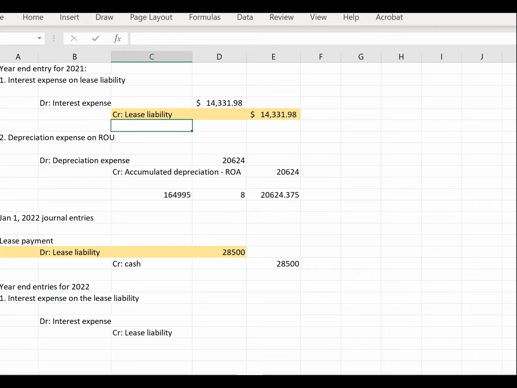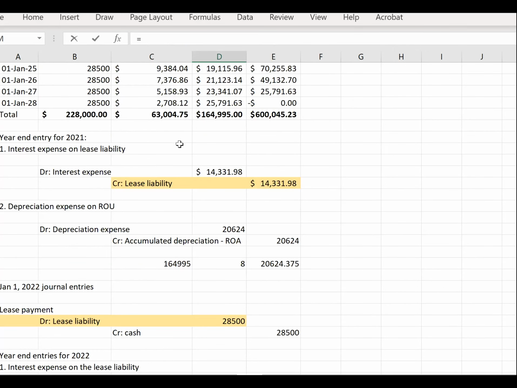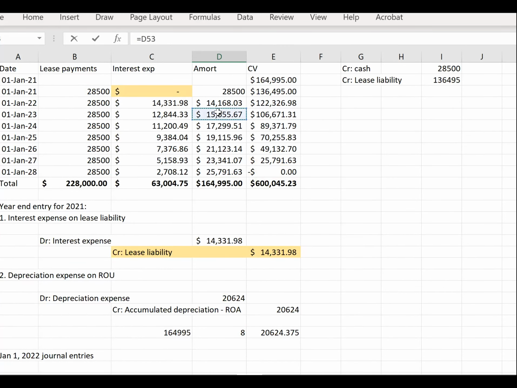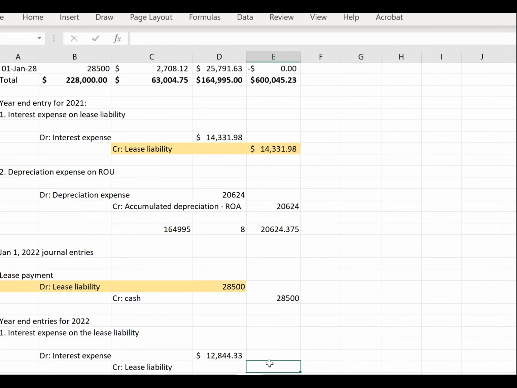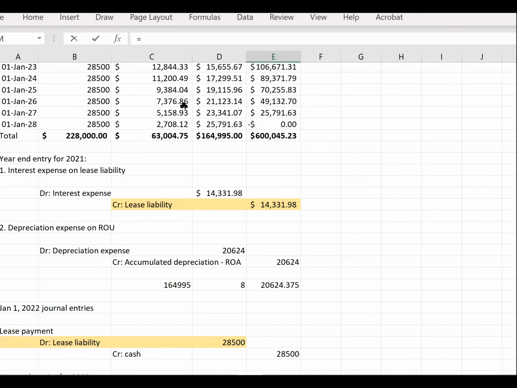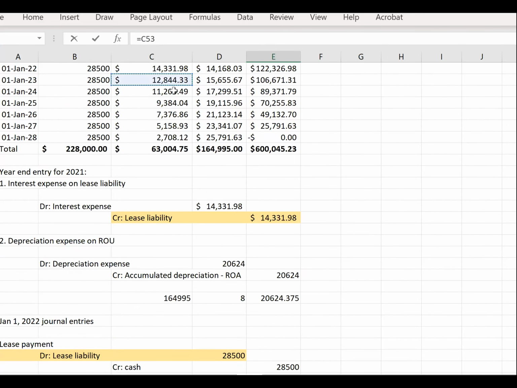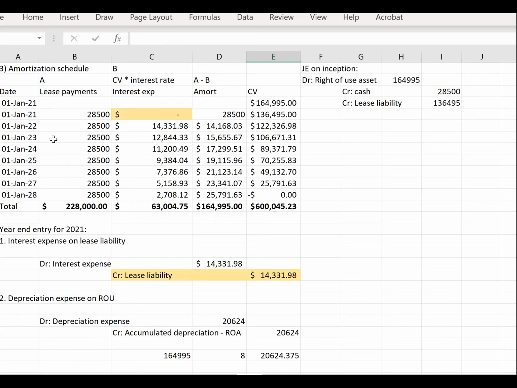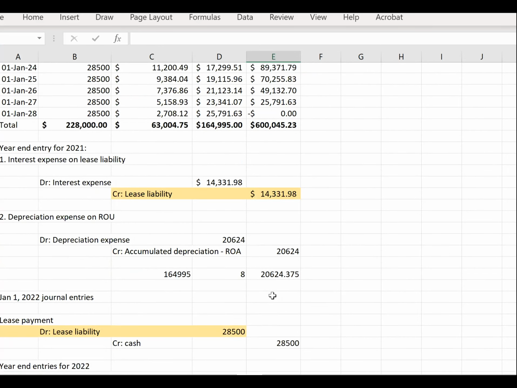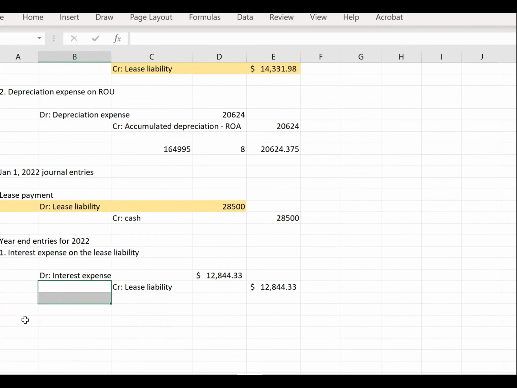So credit lease liability. And this amount, our interest expense, is going to be the amount from our schedule here. So this time we're going to have 12,844 as our interest expense, because the allocation between interest and principal changes each period, and that's why we need to use this amortization schedule.